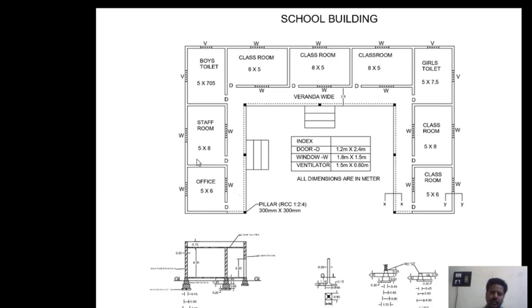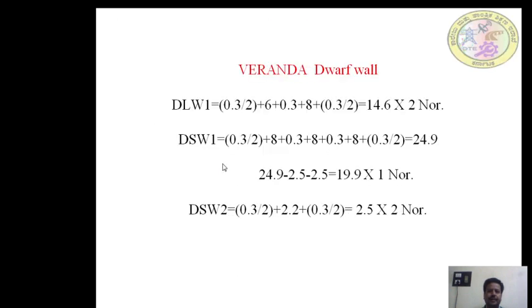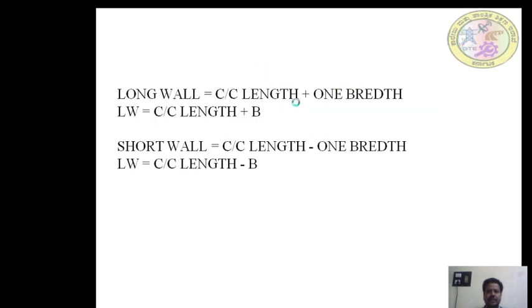Center to center length. The wall thickness is 0.3, so let us consider 0.3 by 2 plus 7.5 plus 0.3 plus 8 plus 0.3 plus 6 plus 0.3 by 2.